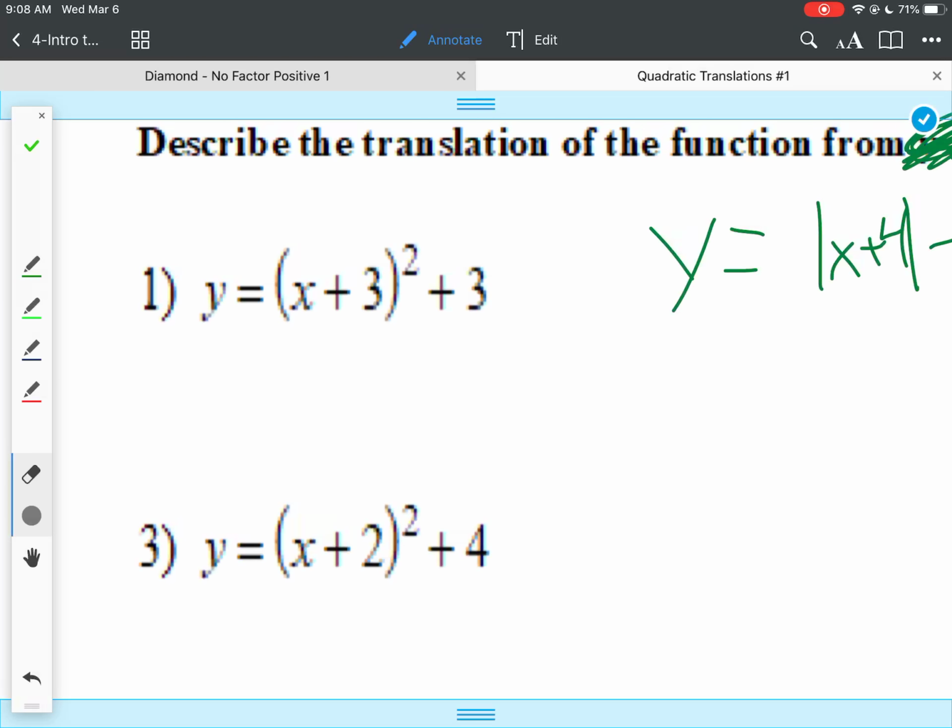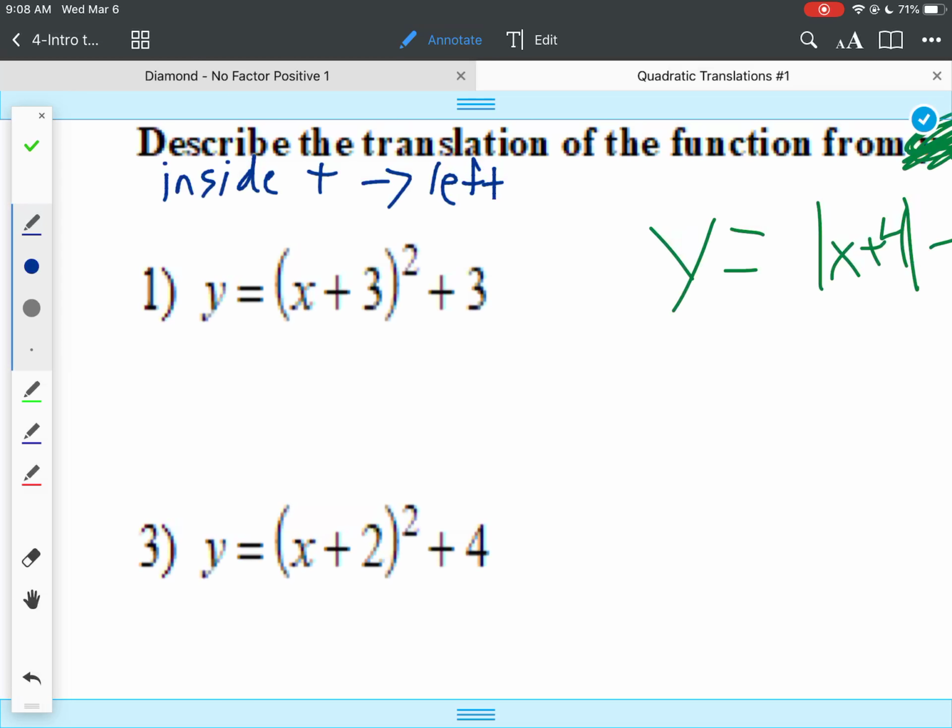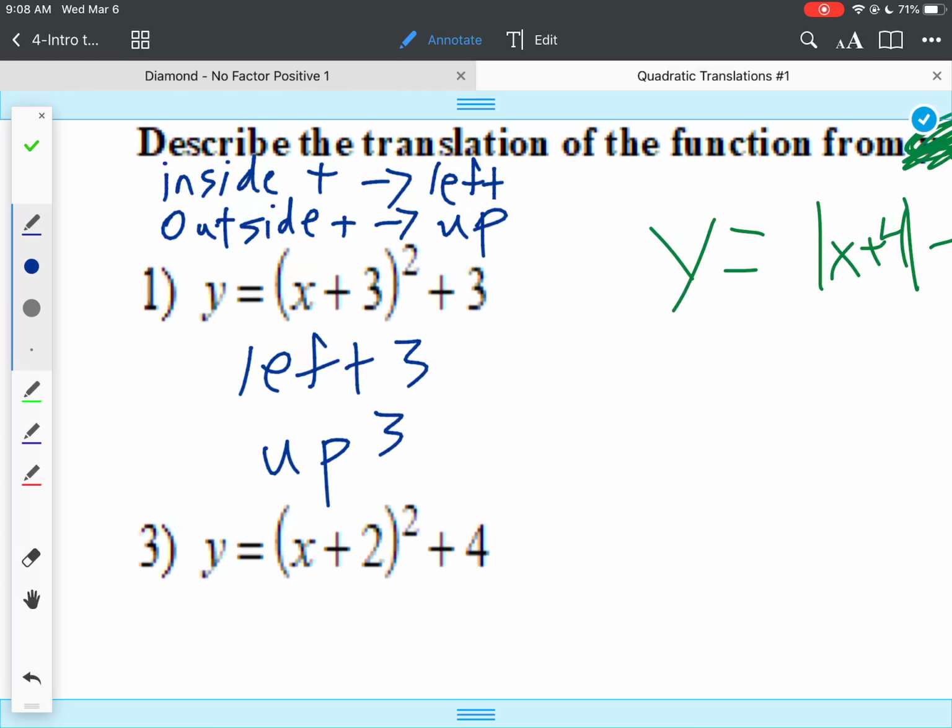So remember that if it's inside and positive, it goes left, and if it's outside and positive, it goes up. So this would be left 3 and up 3.